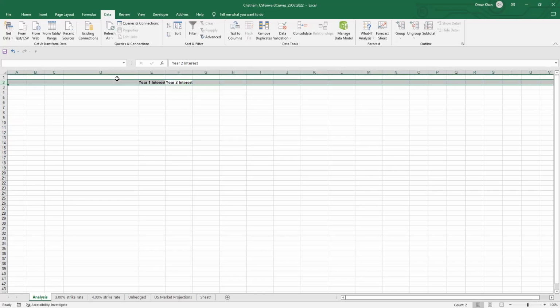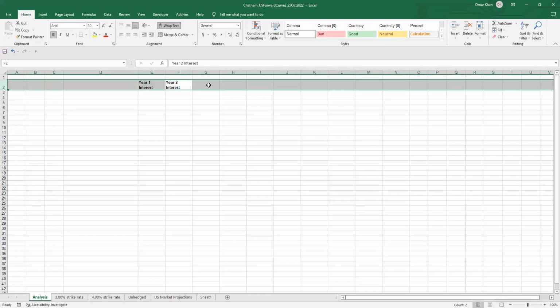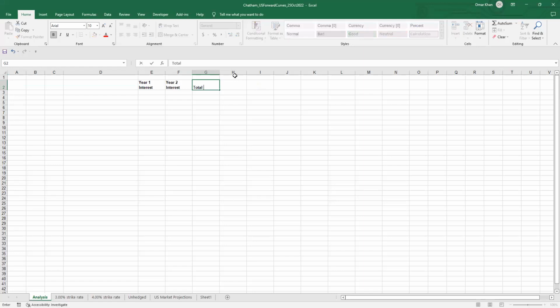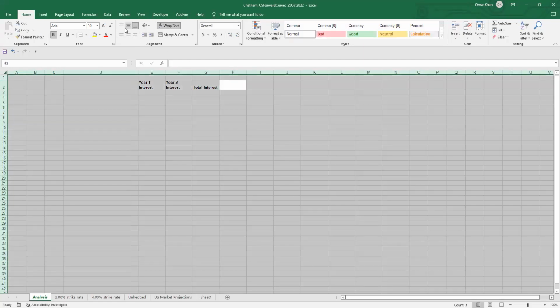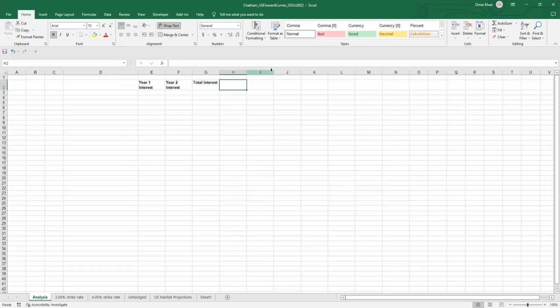We're going to bold this and make it wrap text. Formatting is always important. All my team members know how much I harp about formatting. We're going to make this a higher indent or whatever it is. What is the cap rate cost? What is the difference in total interest rate?